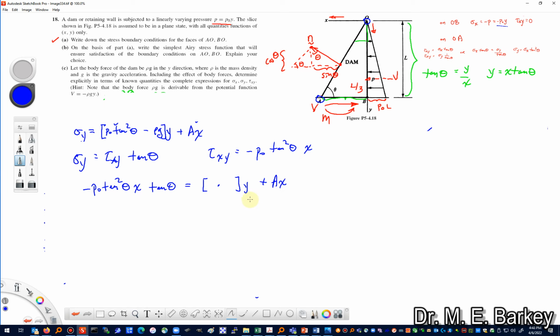We have our relationship for y, so I guess we're going to need to put this stuff in here. p naught tangent squared theta minus rho g times y, and y is equal to x tangent theta.